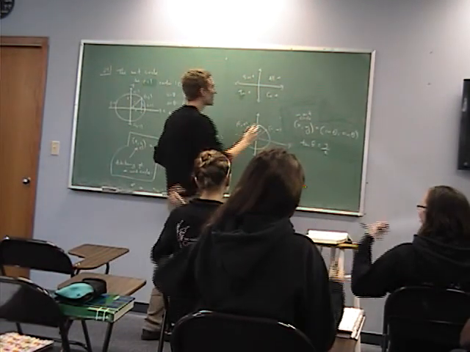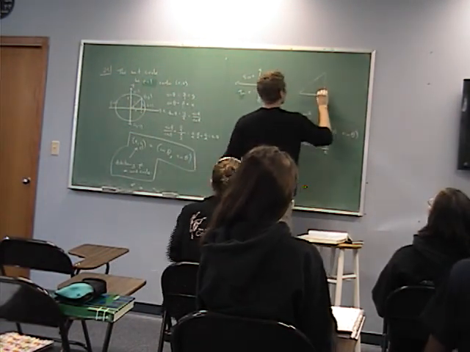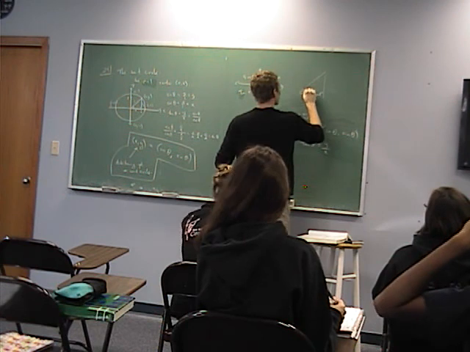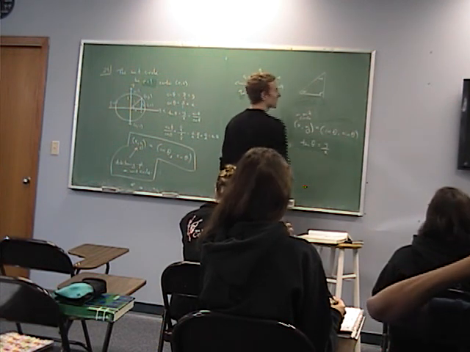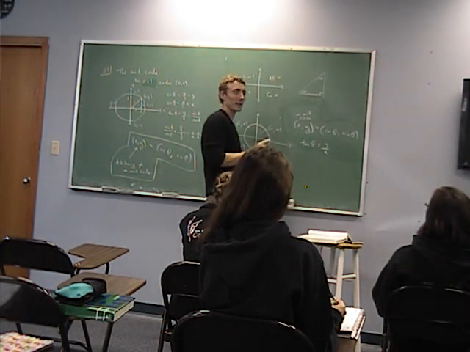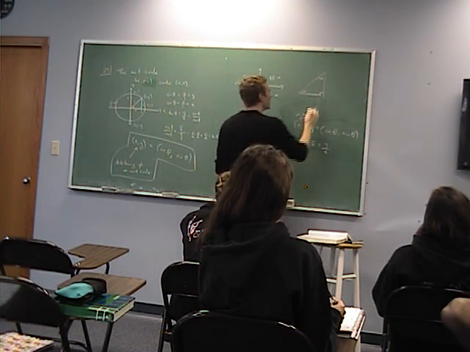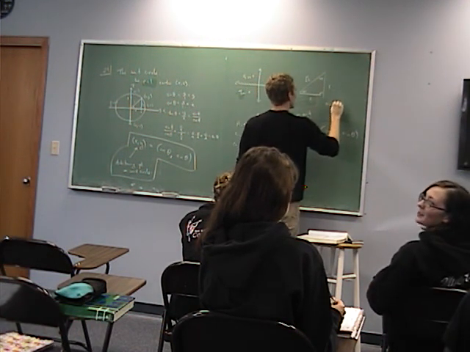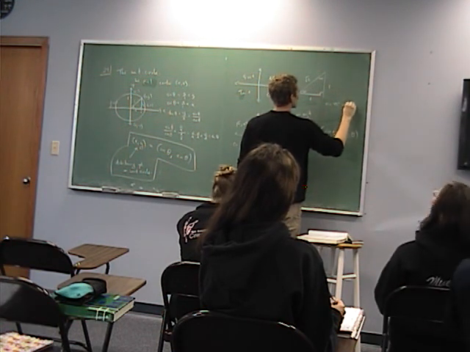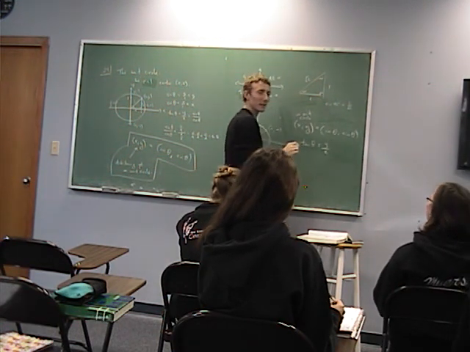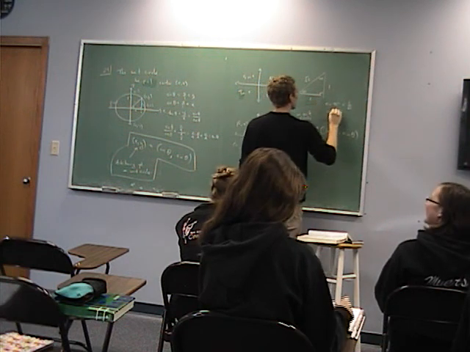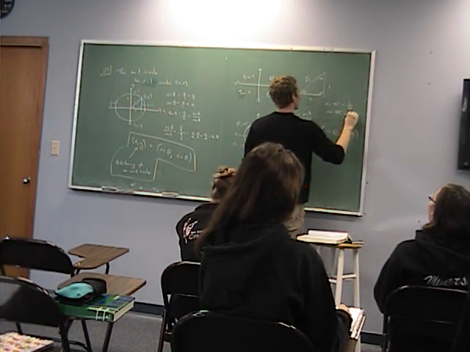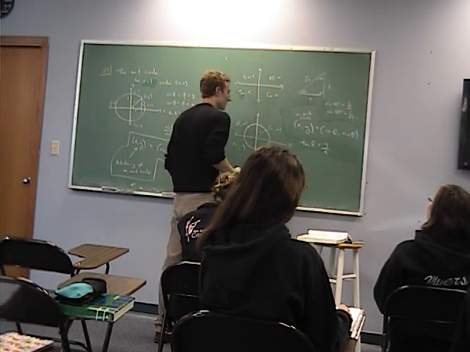Now see, here's an interesting thing about it, right? This is not an arbitrary triangle, that's a special triangle. The sine of a 45-degree angle is 1 over square root 2. Agreed? The cosine of a 45-degree angle is 1 over square root 2.